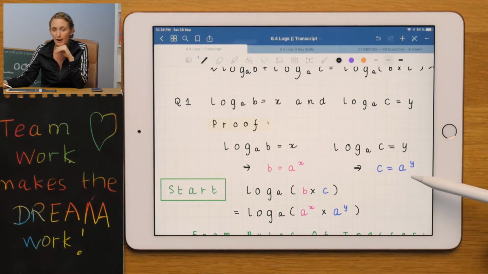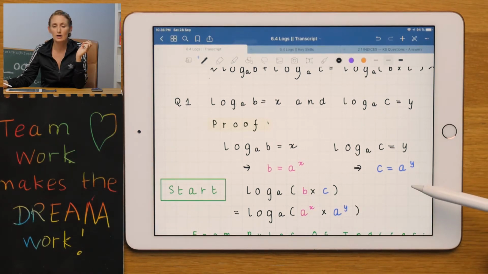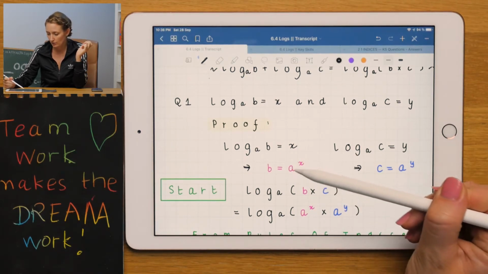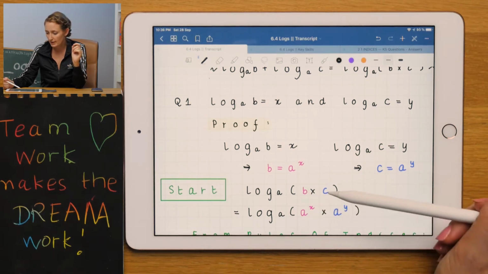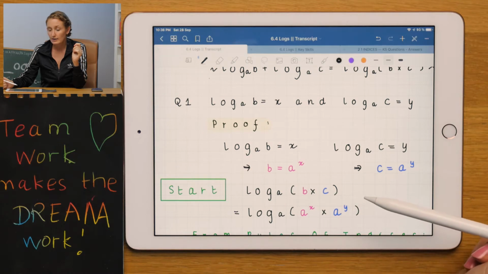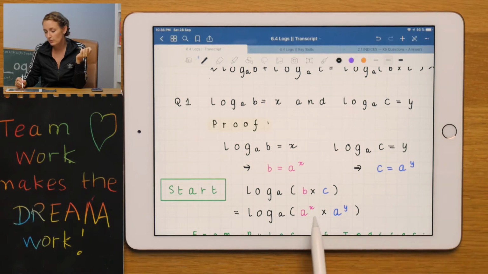Now if we loop back up to here with what we learned about the uppercut rule, we can replace b with a to the x and we can replace c with a to the y. From what you remember from your indices course, you should know that if you multiply these two together, you can add the powers.